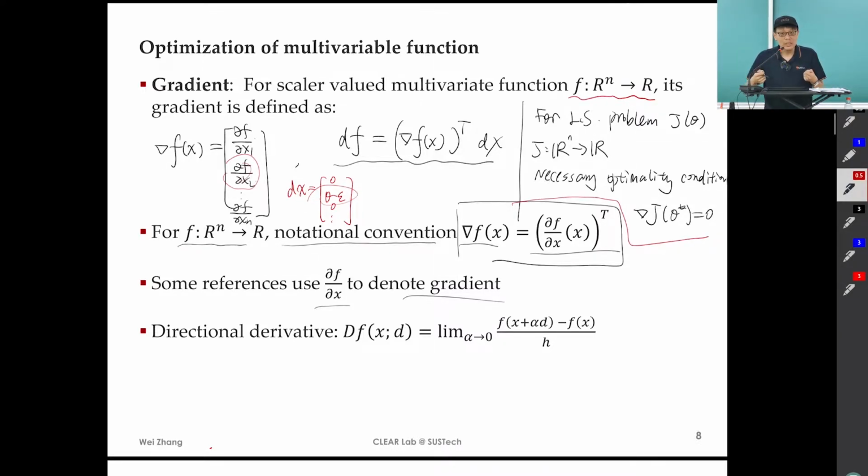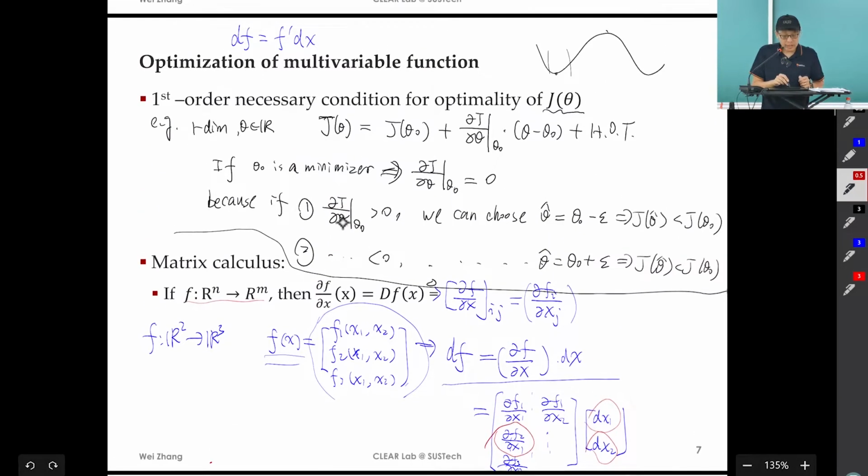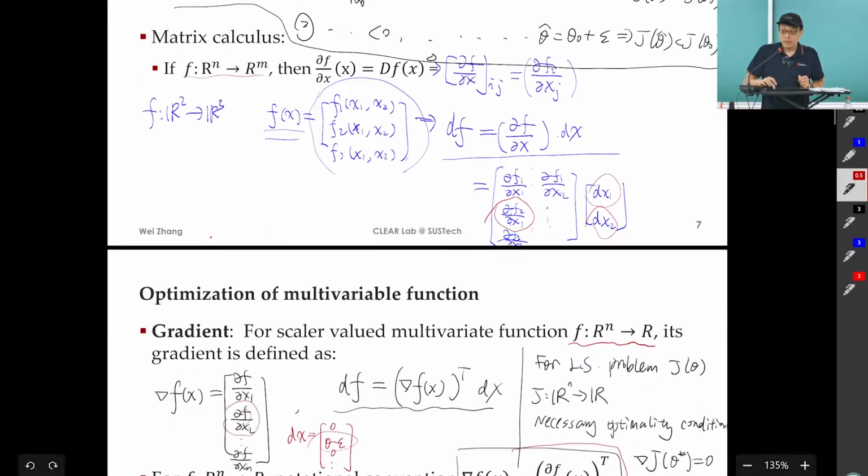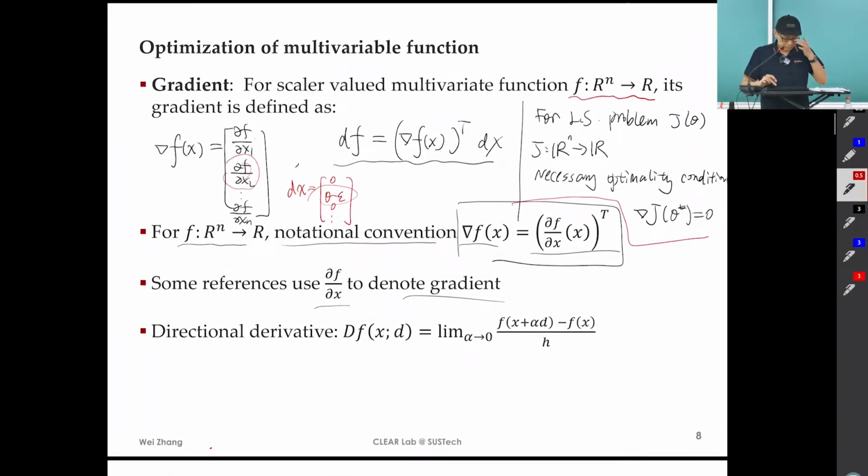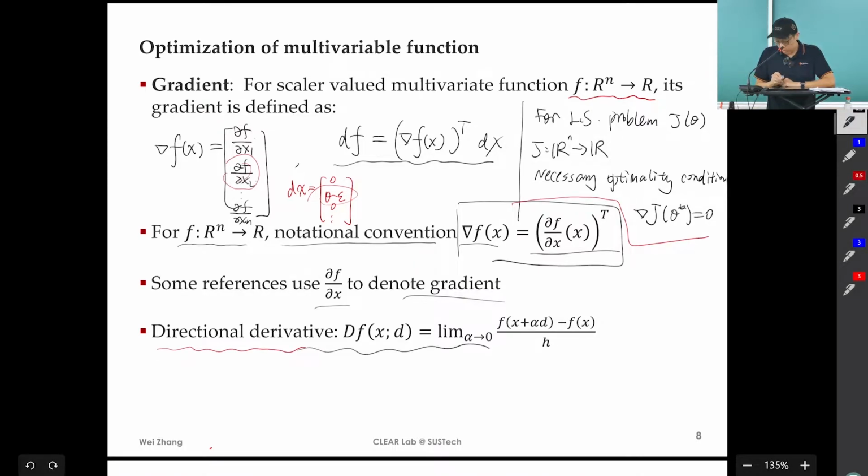The reason we do it is that it's the same principle as we applied here. There's another terminology I don't want to spend too much time on today: directional derivative. I think most of you have learned this, right?